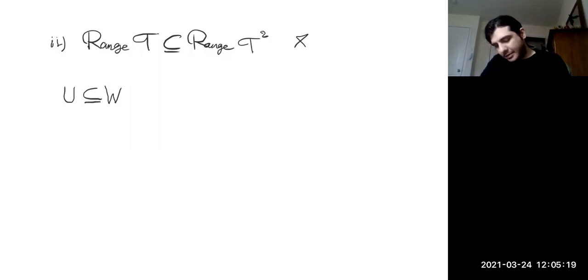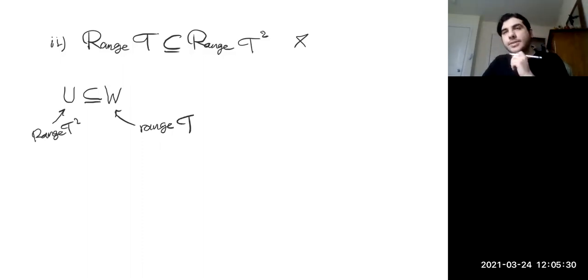So here, for example, this is the range of T squared, and this is the range of T. We proved that the range of T squared is a subset of range of T. Also, suppose we know these are vector subspaces, which is the case here.